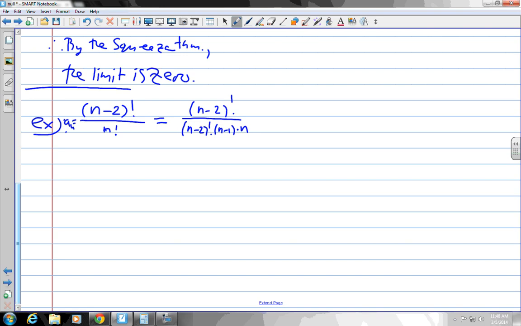Then n minus 2 is 5, so it's 5 factorial, and 7 factorial is the same as 5 factorial times 6 times 7. So these two cancel, and you get something nice and simple, n minus 1 times n, and that goes to 0, right? So therefore, the limit of this sequence is 0.